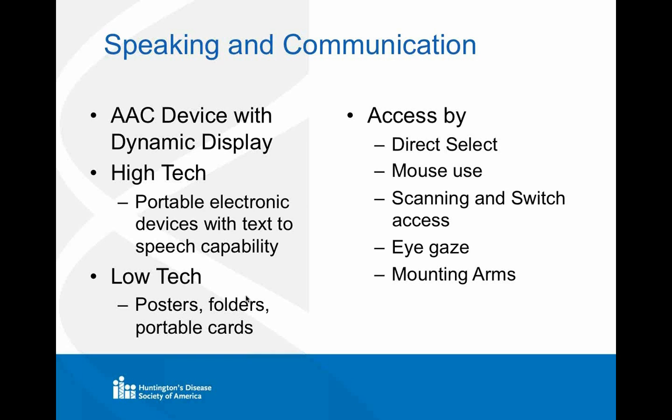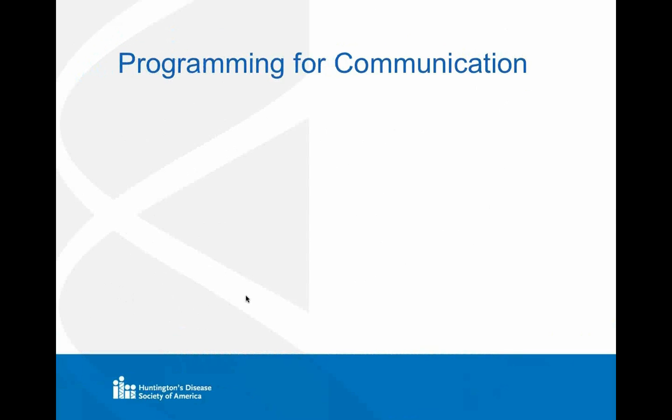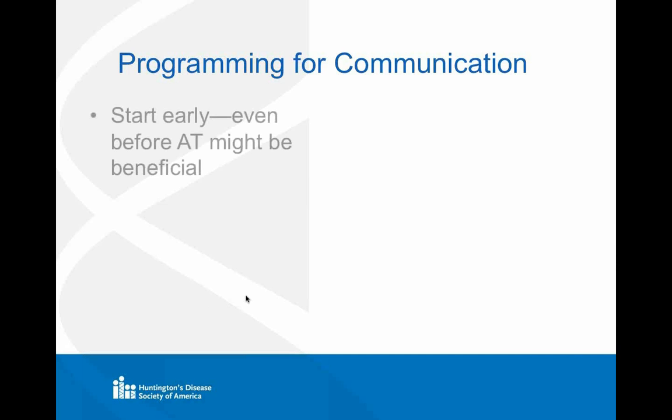So programming for communication, we want to start this early because if somebody can't speak to you, they can't tell you what they want to be able to say on their device.